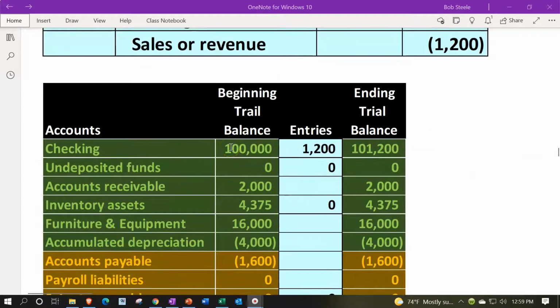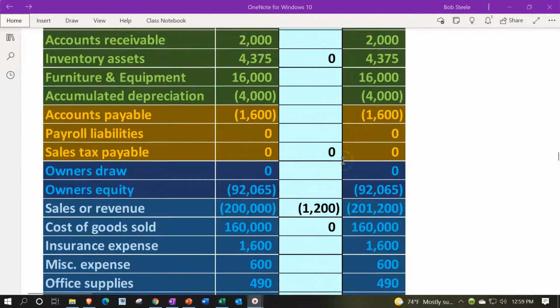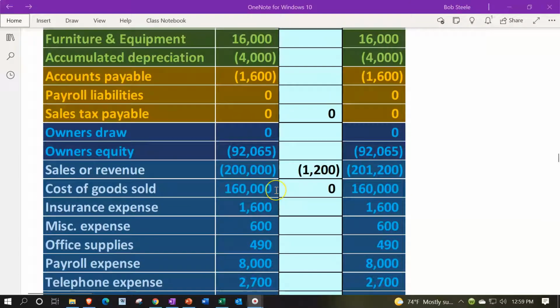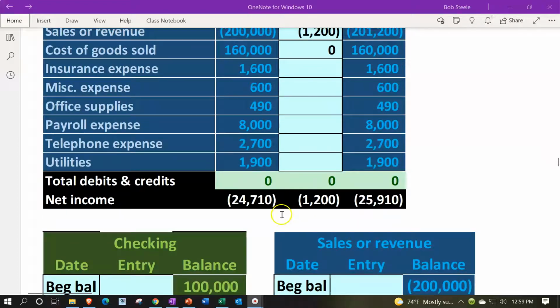Checking account, if we then say this is our beginning balance, left-hand side, entries, adjustments in the middle, ending balance on the right, the checking account would be going from $100,000 up by $1,200 to $101,200. Other side then going to revenue, starting at the $200,000 credit, $1,200 up to $201,200. Looking at the net income being the revenue minus the expense accounts at the $24,710.